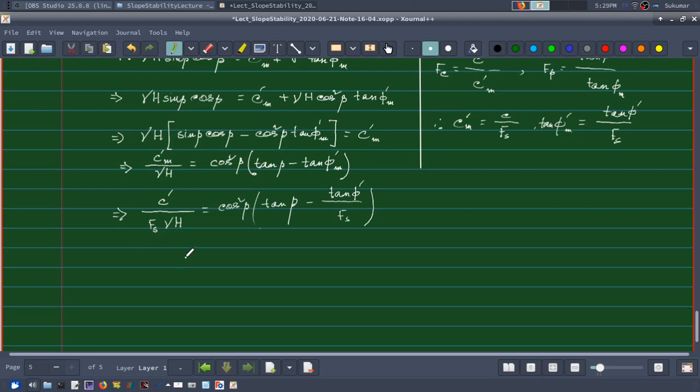So now I'll bring the terms containing Fs to the left hand side, and then after simplification I will get 1 upon Fs into c dash by gamma h plus cos square beta tan phi dash is equal to cos square beta tan beta.